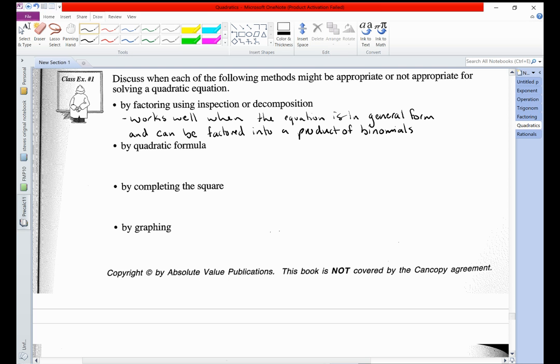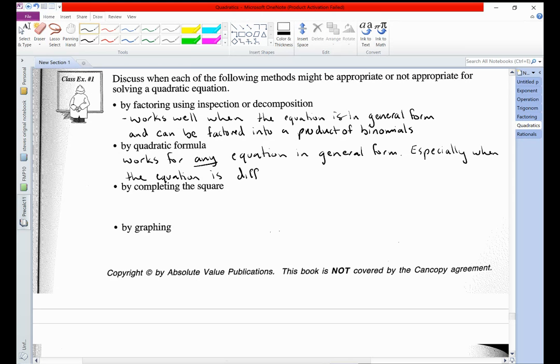Quadratic formula works for any equation in general form, especially when the equation is difficult or impossible to factor.